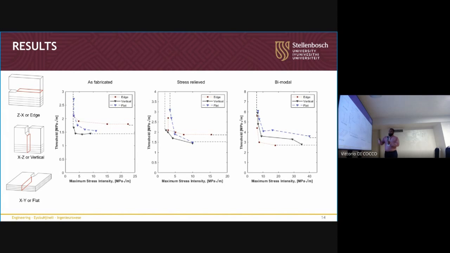When you plot it on this type of graph, you see this difference in behavior. You have a somewhat vertical behavior first, and then a somewhat horizontal behavior in your threshold as you increase, in this case, K max or your R ratio.